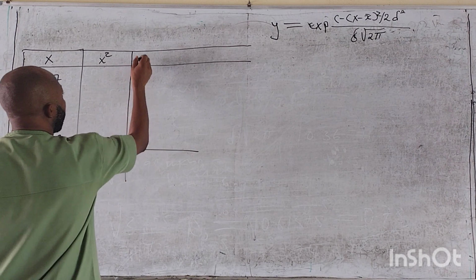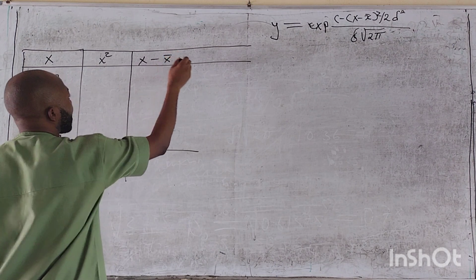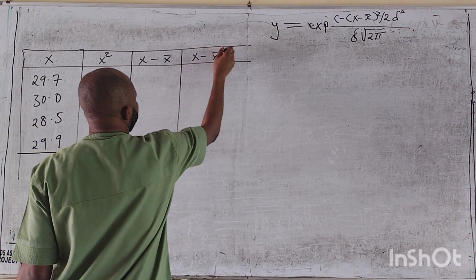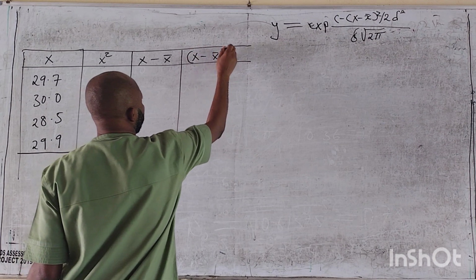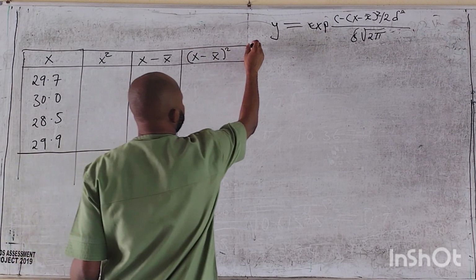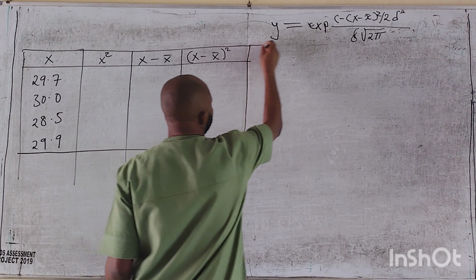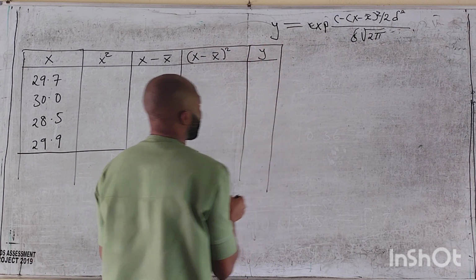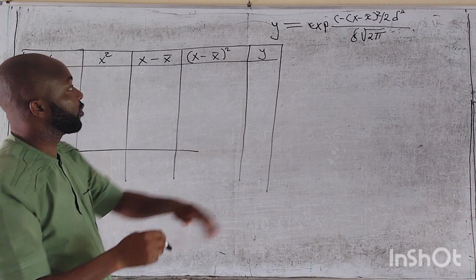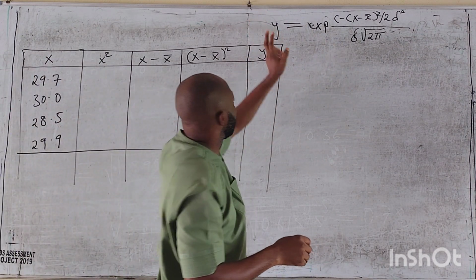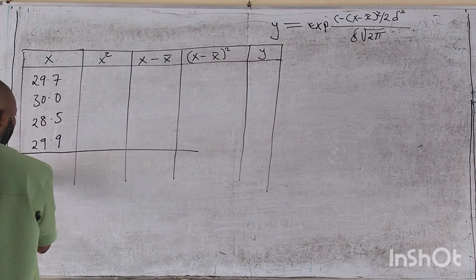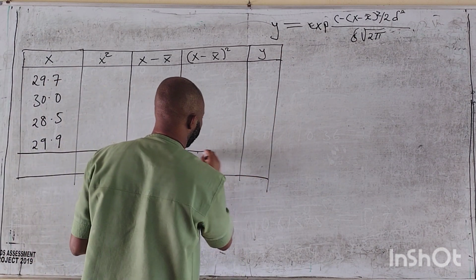So this is x minus x bar and x minus x bar squared. And the last one is our y. Whatever you get in the course of solving is your y. So this is the column for y. So we have that now, and let's see what we're going to get at the end of the day.